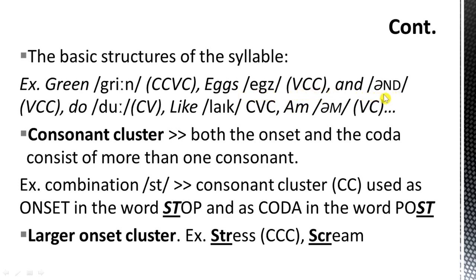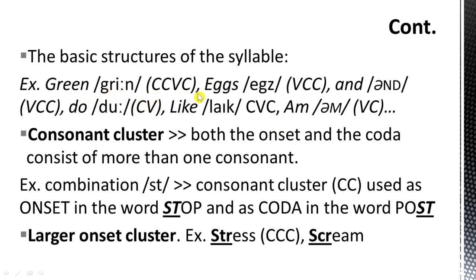Then we have earned: vowel, consonant, consonant. Then do, CV, like, CVC, and amped, VCC. In order to put the structure of the syllable correctly, like what I have just shown you in the following examples, you need to depend on the phonetic symbols provided.